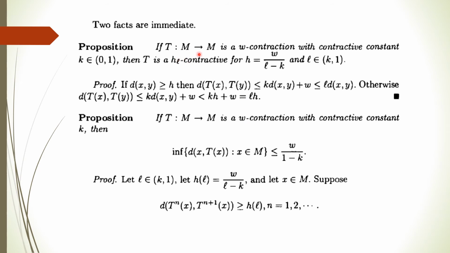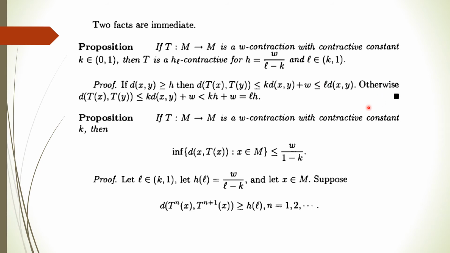If T is a mapping going from M to M which is a W contraction with contractive constant k, then T is also HL contractive for such numbers h and L. So we basically have two cases: either this distance is greater than or equal to h or it is less than or equal to h. Because W contraction means the distance of Tx, Ty is less than or equal to k times distance of x, y plus w, and HL contractive means the distance of Tx, Ty is less than or equal to L times the max of d(x,y), comma, h.